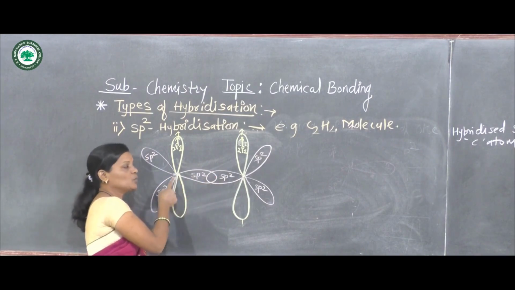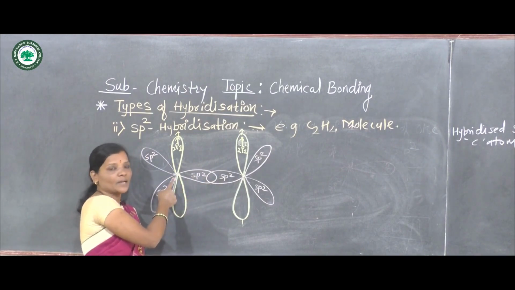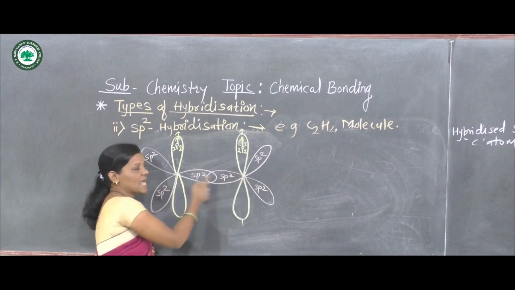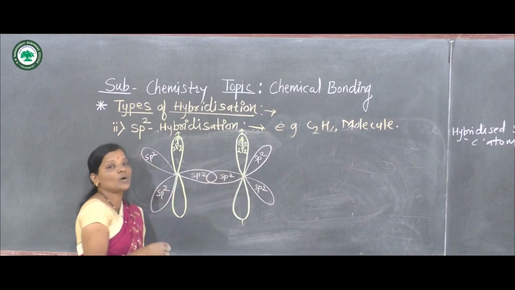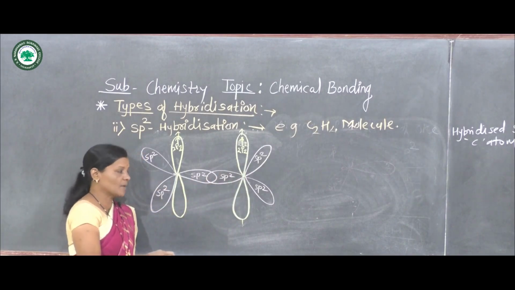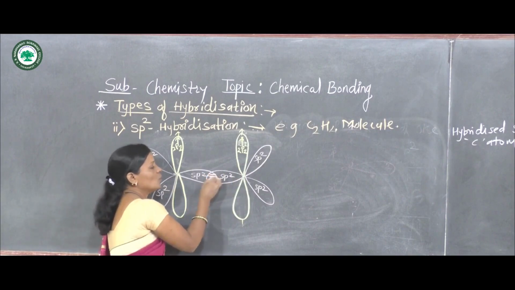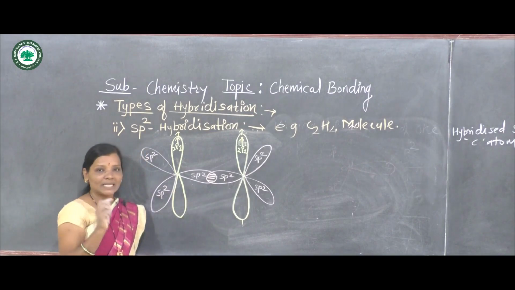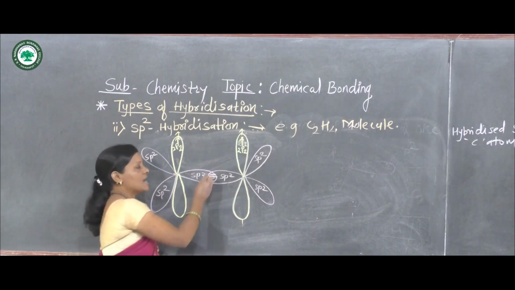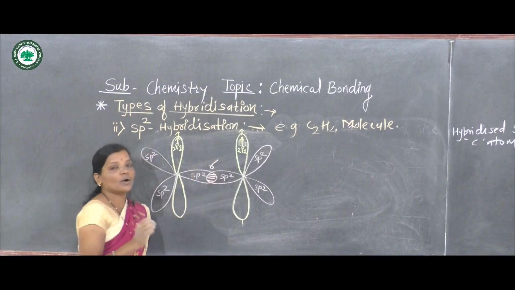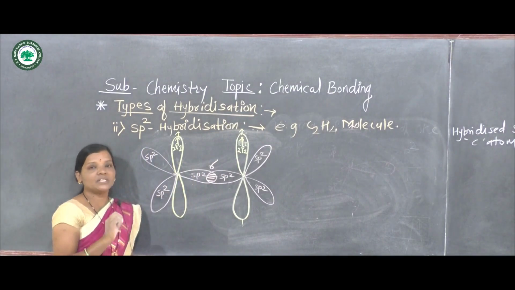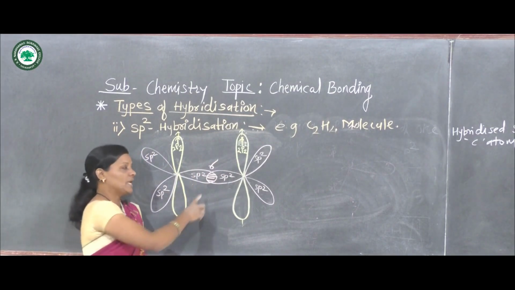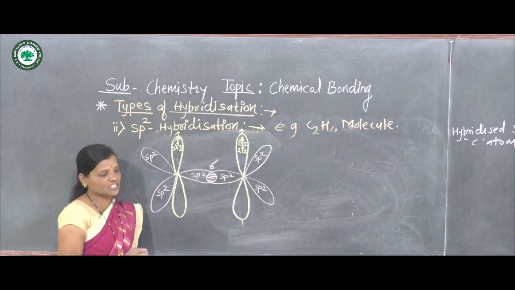Here the sp2 hybrid orbital of the first carbon atom overlaps axially with the sp2 hybrid orbital of the second carbon atom, and this sp2 overlapping takes place axially, and so the bond formed is called a sigma bond, which is a stronger bond because the extent of overlapping is maximum.